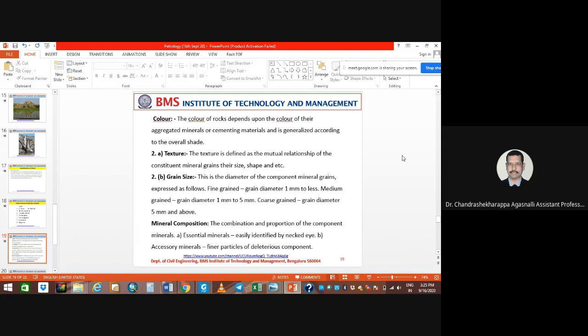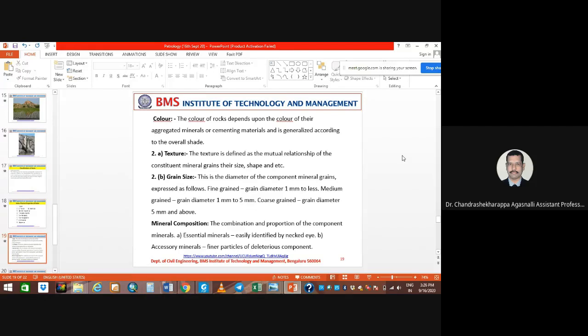Like this, if you see the color, you can tell what minerals could be inside the rocks. Face is the index of mind, right? This is how we can remember how we are going to study the physical properties of rocks and minerals, okay. And aggregated minerals or cementing materials are generalized according to the overall shades, okay.